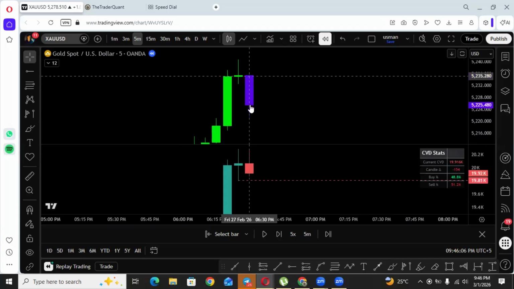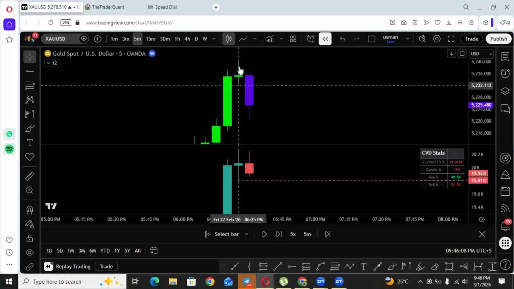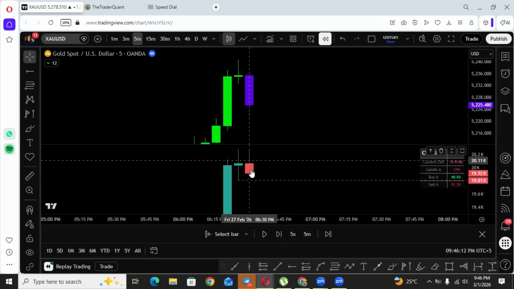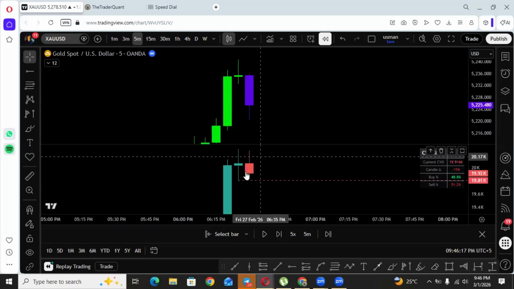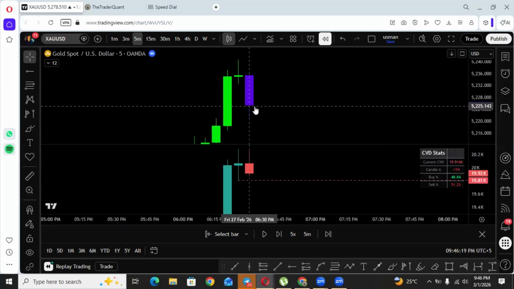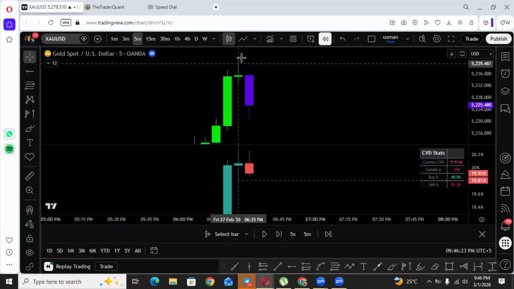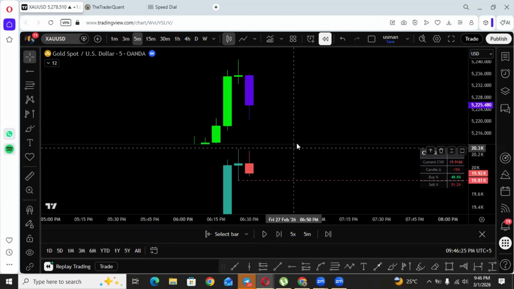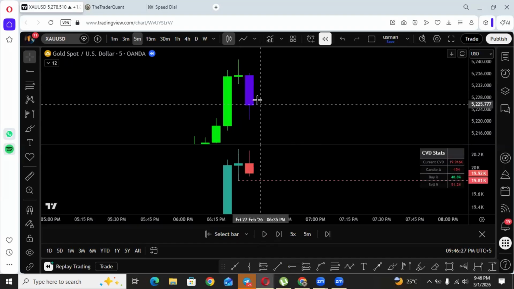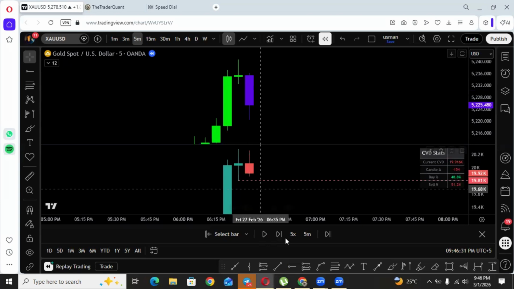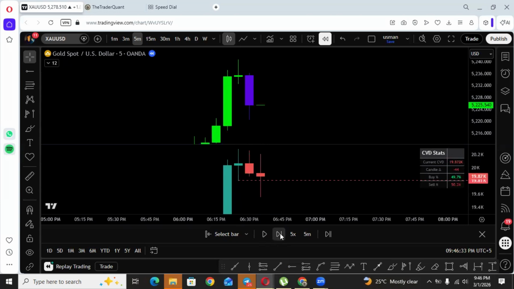The candle strongly broke the low of this bullish candle. But in actual, the amount of selling orders executed at this price level is not even more than the buying orders executed in this candle. So you will never enter in a sell direction at this point because you knew this big candle is a trap candle. Okay, let's play the chart.